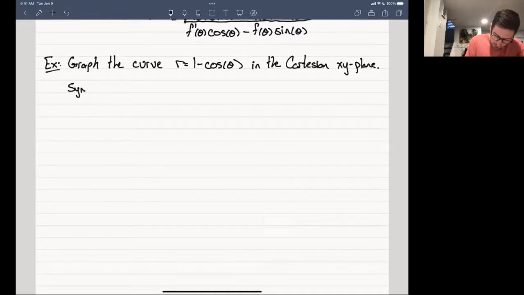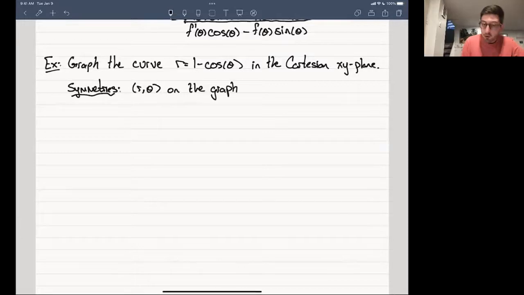Let's look at symmetries. Well, in this case, we are symmetric about the x-axis. So why? Well, if we have r, theta on the graph, so if we know this is a point on the graph in polar coordinates, this tells me that r is equal to 1 minus cos of theta, which I can use the fact that cosine is an even function, and this is the same as 1 minus cos of minus theta.